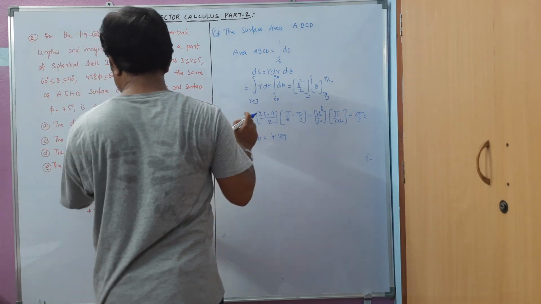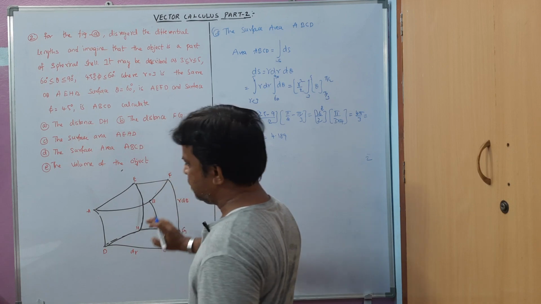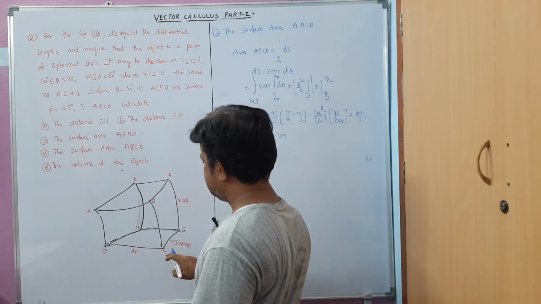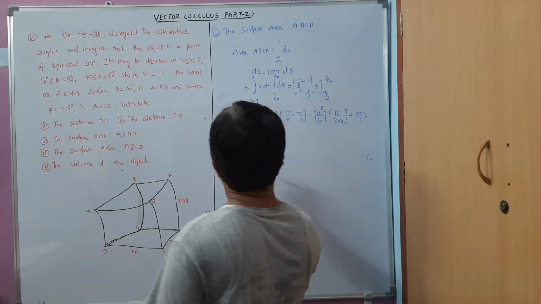Okay, now let us take the last problem, the volume of the object. Volume means we have to take the product of all the three sides, that is this and this. Okay, we will get here the volume.